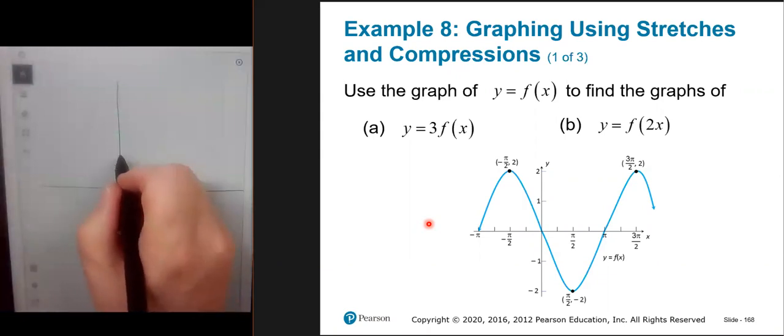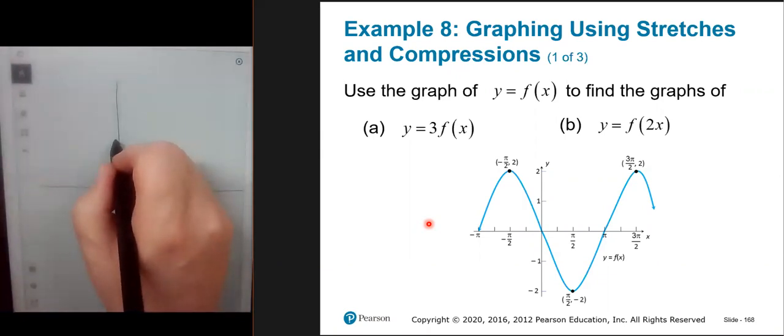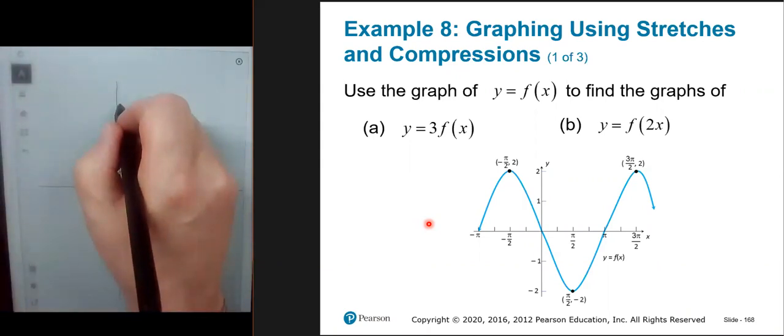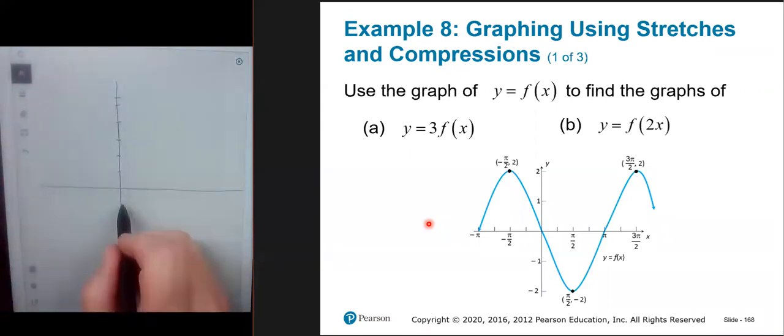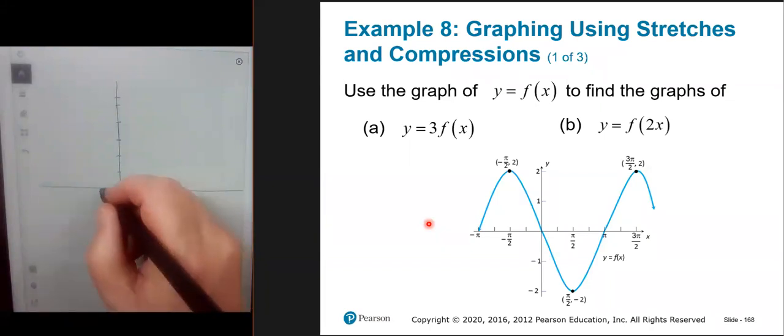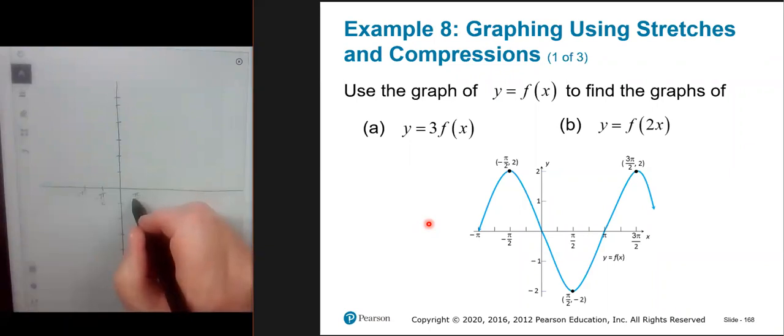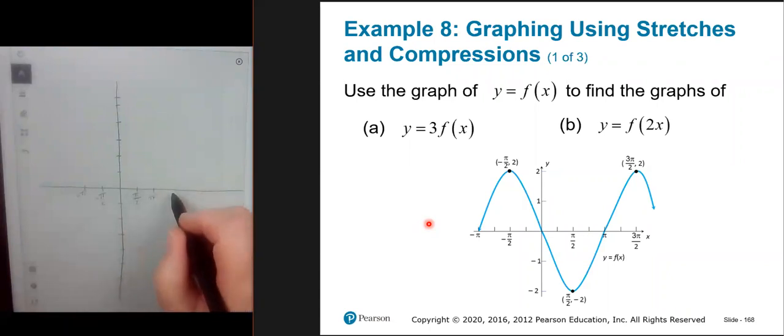So I have 1, 2, 3, 4, 5, and 6, and 1, 2, 3, 4, 5, and 6. And this is negative pi over 2 and negative pi, and then we have pi over 2 and pi and 3 pi over 2 and 2 pi.